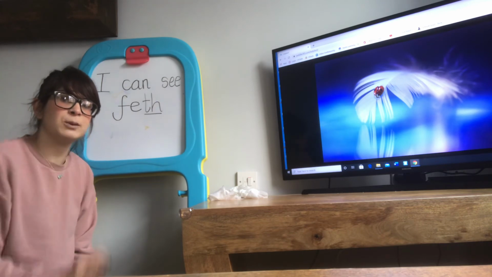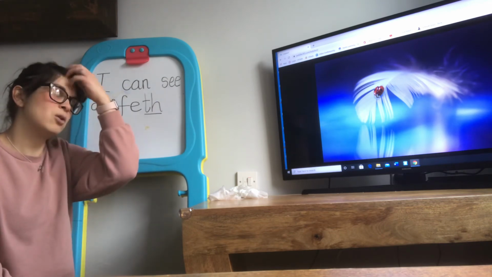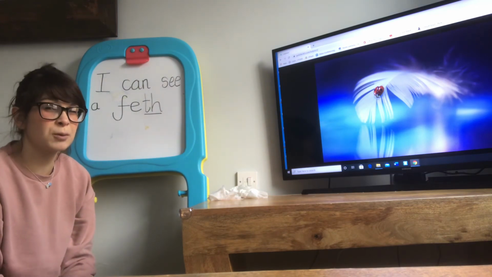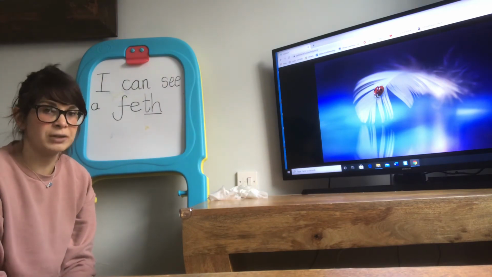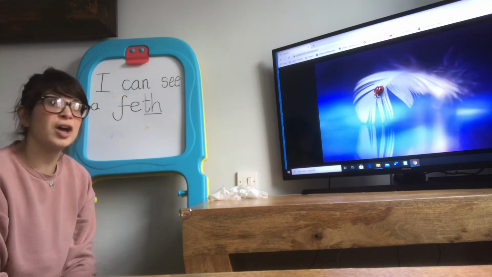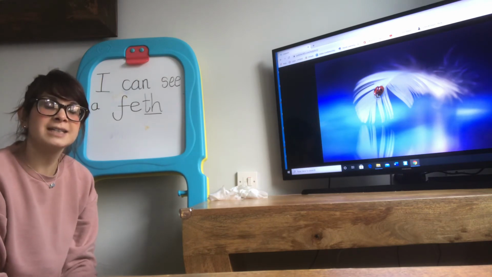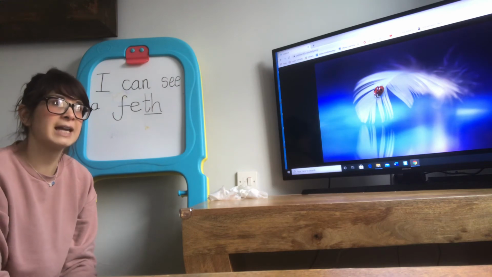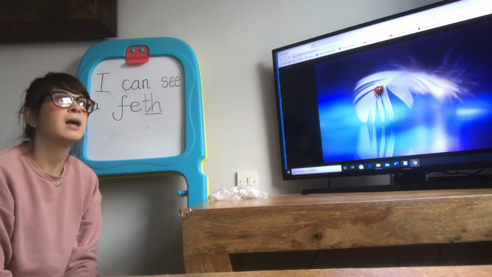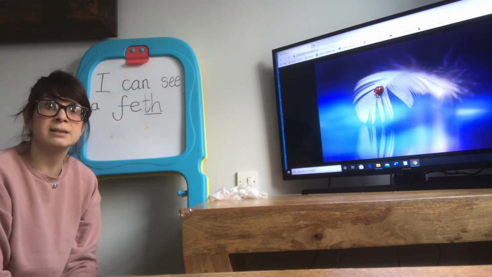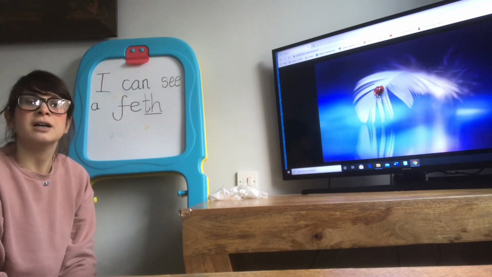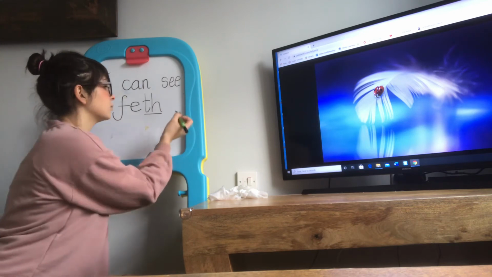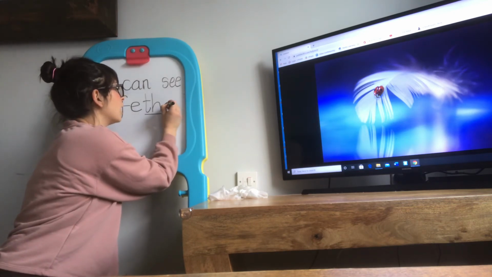Now I'm going to help you with this next one, because I'm not sure, but I think maybe Mrs. Jones's group are just approaching this in their phase 3 work. So feather, and it's an digraph, just like ladder, rubber, mister, feather, and it is 2 letters, that's what makes a digraph.